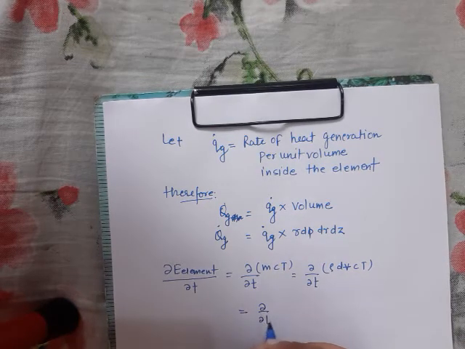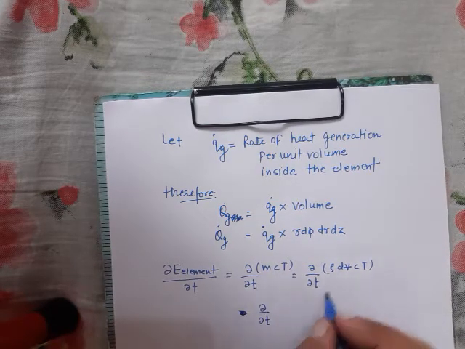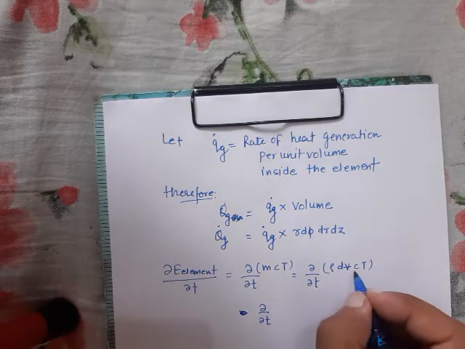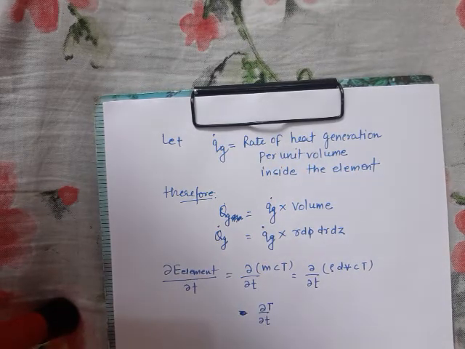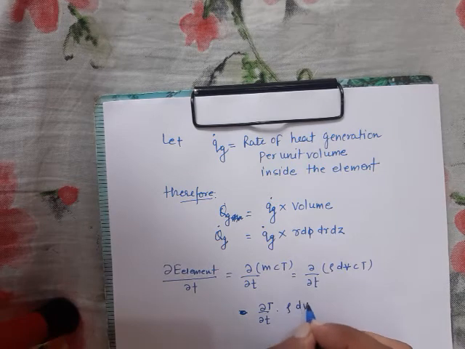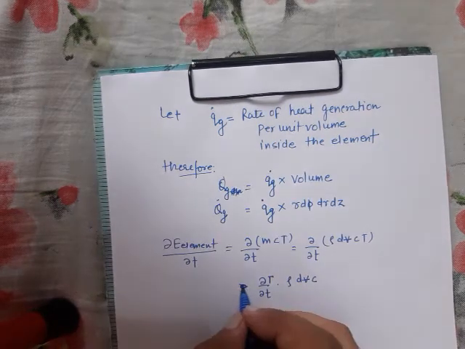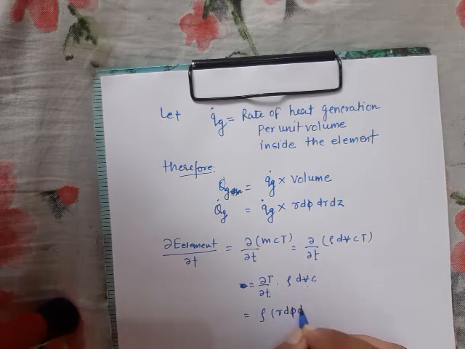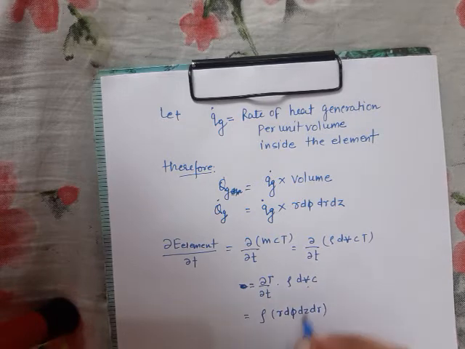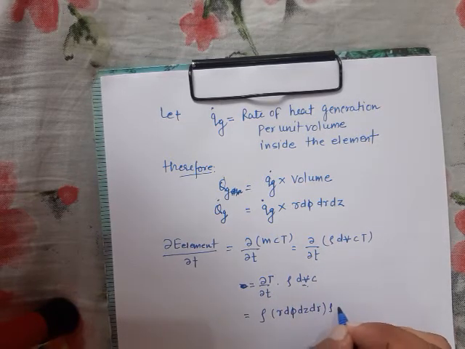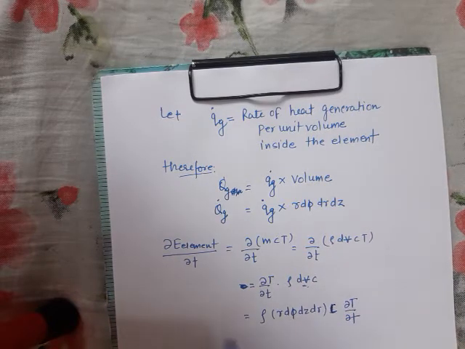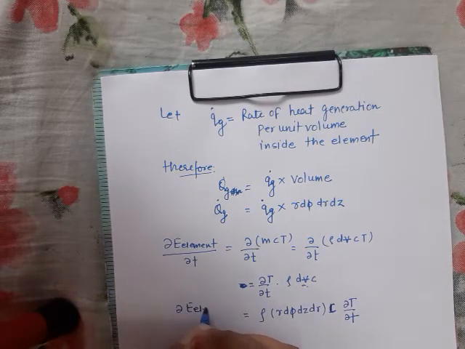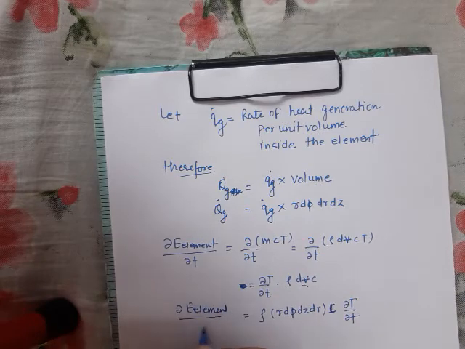I am taking rho dV and C out, so it becomes del T upon del T, as rho dV and C are constants. So the equation would be rho, what is the value of dV? R d phi dz dr. This is the value of V. Rho is there, C is there, and del T upon del T. This is the del E of the element upon del T.